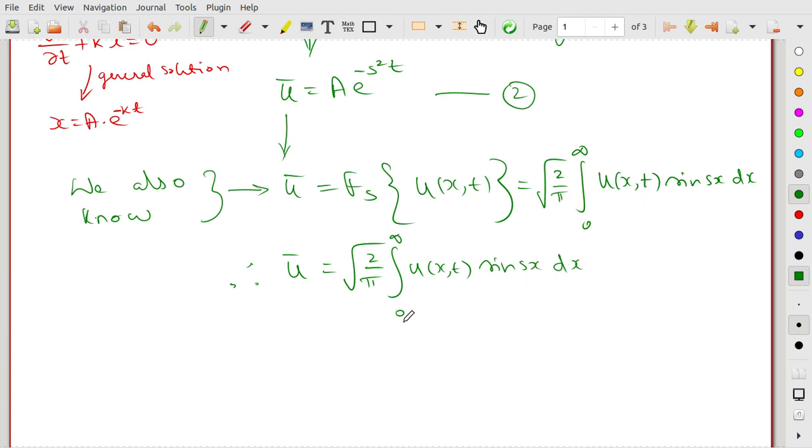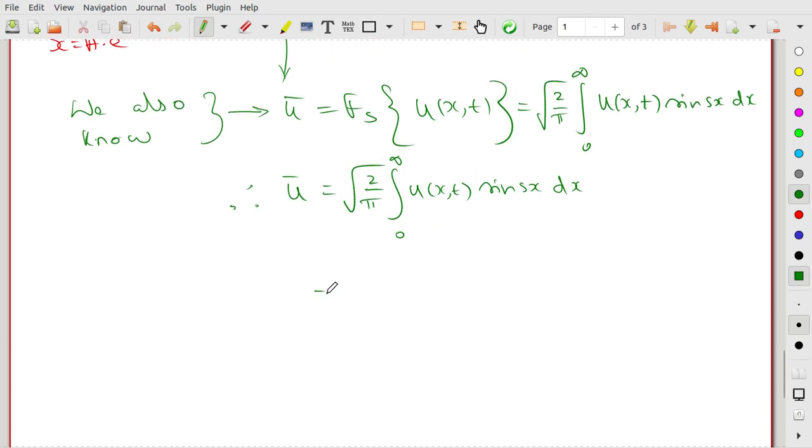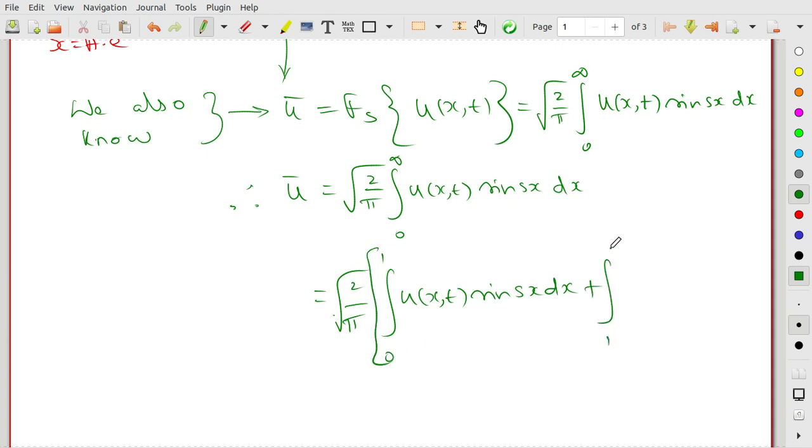Let's split this integral into two parts. Let me take root 2 by pi outside, and integral from 0 to 1 of u of x comma t sine sx dx, plus integral 1 to infinity of u of x comma t sine sx dx.